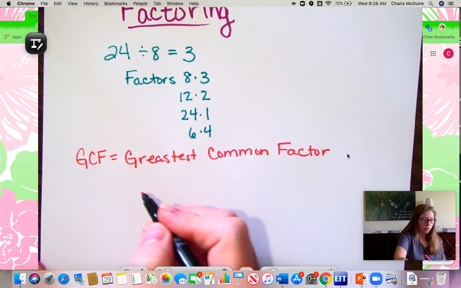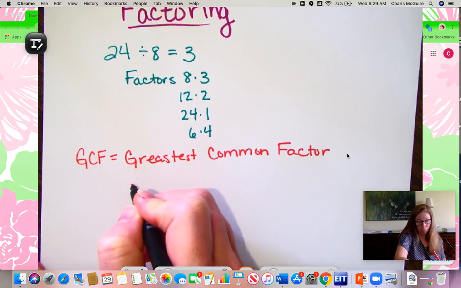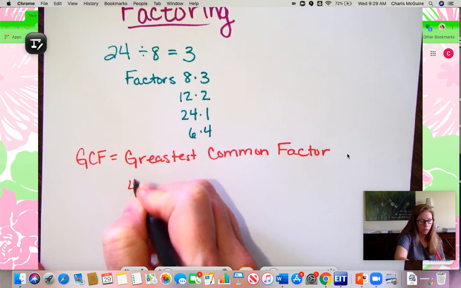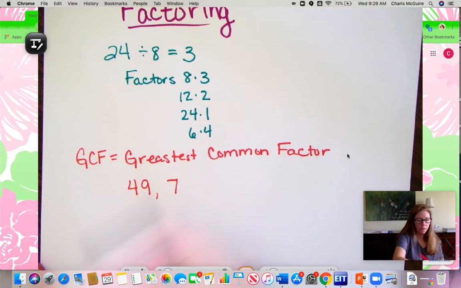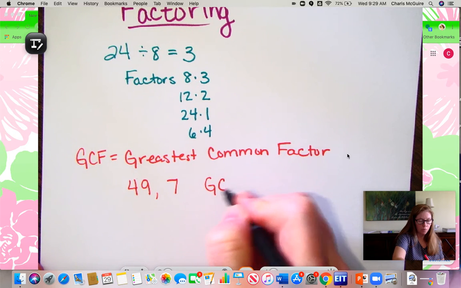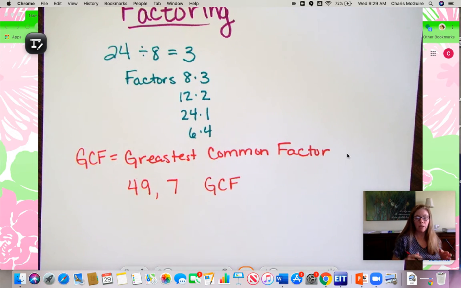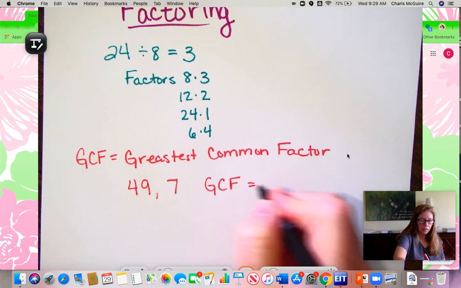Let's say they gave you 49 and a 7. And they're like, okay, what is the GCF? Well, that's pretty easy, because the biggest number that they have in common that divides into both of them is the 7.